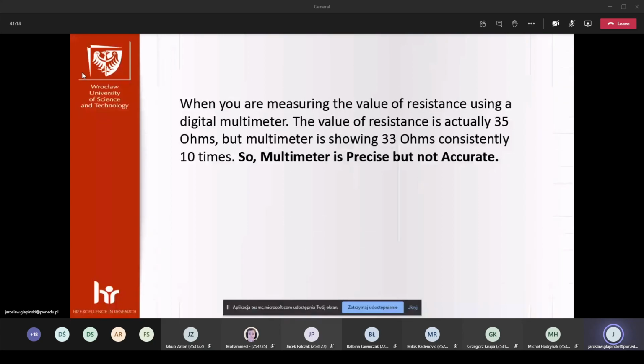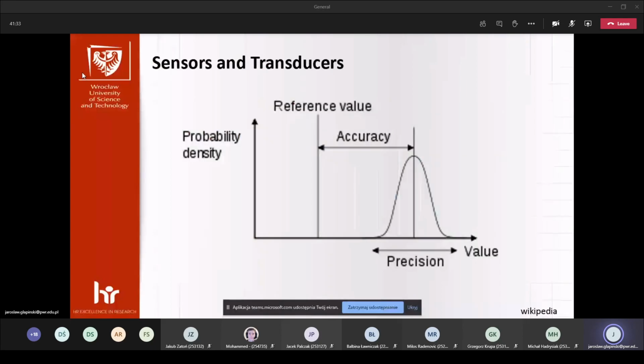So if we make a calculation, for example, over time, we can calculate what is, let's say, the real value of the resistor. So we've got the precision and the accuracy.